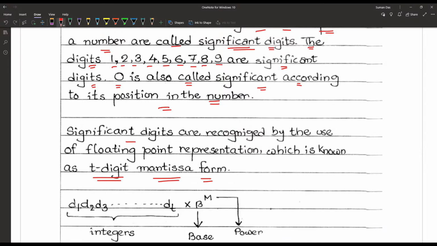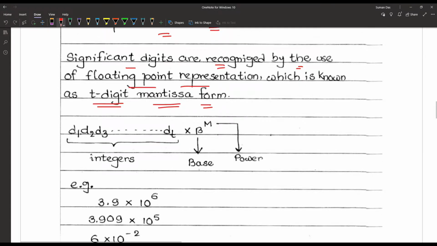The significant digits are recognized by the use of floating point representation, and that is known as the T-digit Mantissa form, and that looks like D1, D2, D3 up to DT times beta to the power m, where D1 to DT are integers and beta is known as the base and m is known as the power.